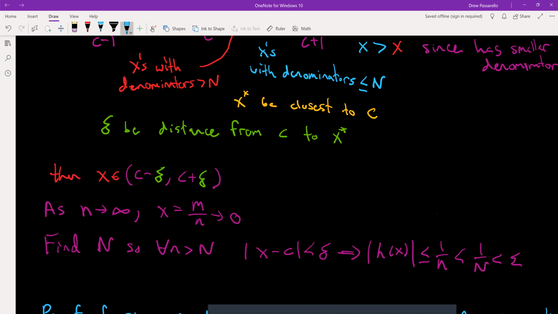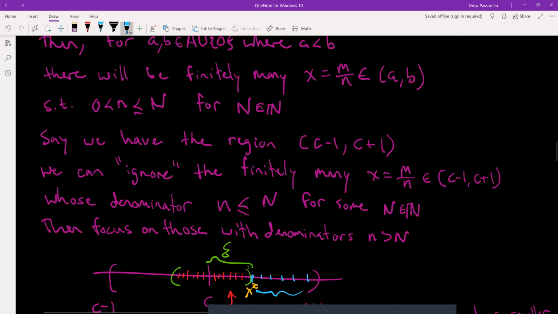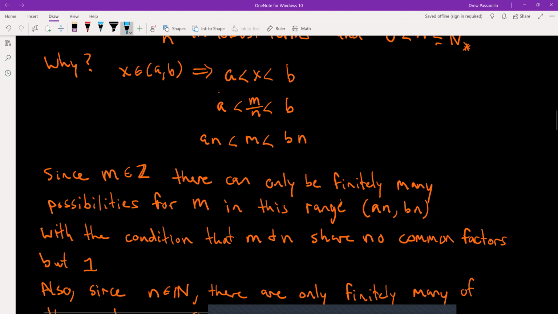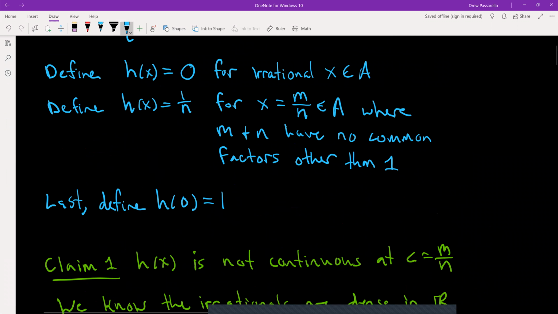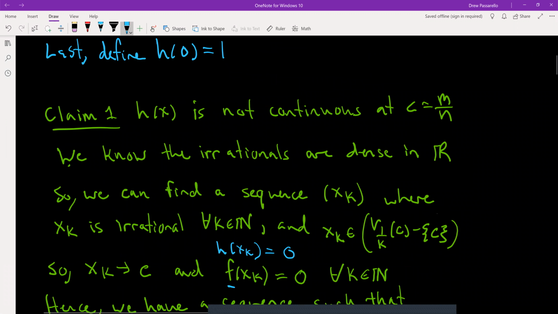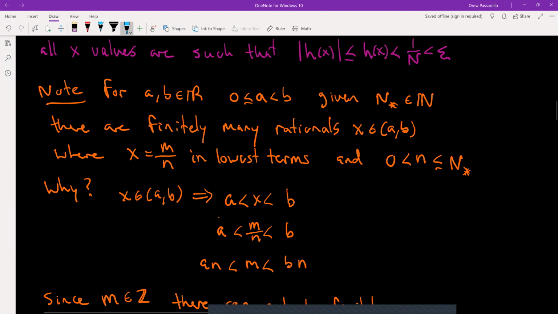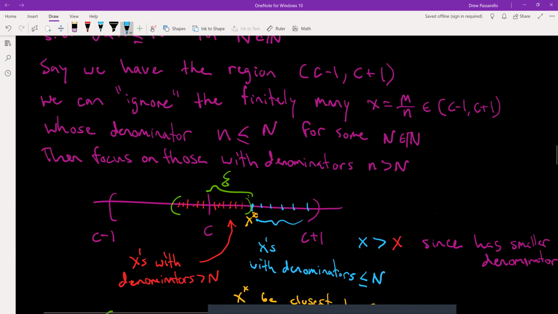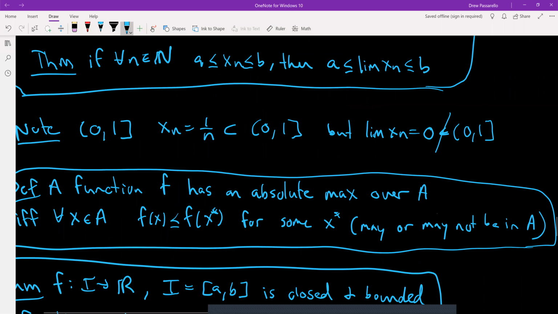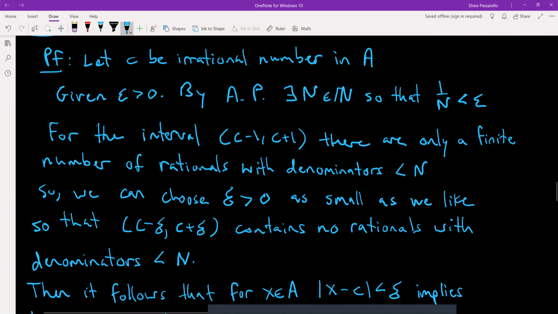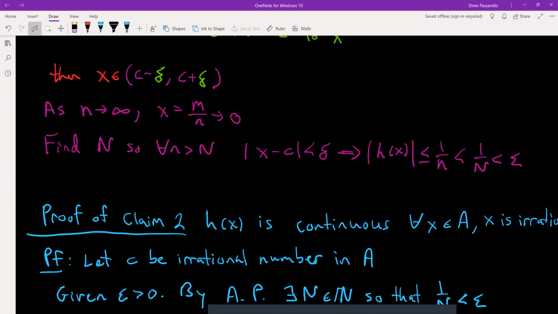So then the absolute value of h of x, and we know our function for rational values x is 1 over n. So even if we have irrationals or rationals, they're always going to be less than or equal to 1 over n.